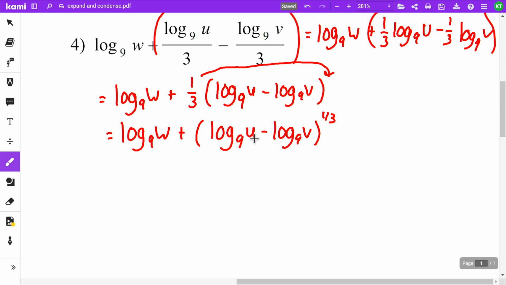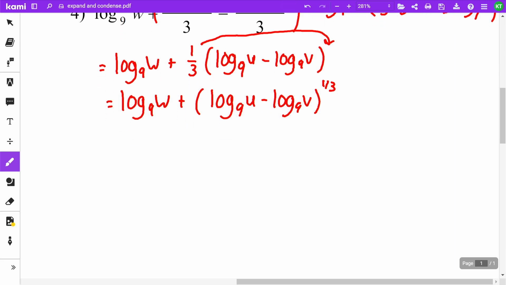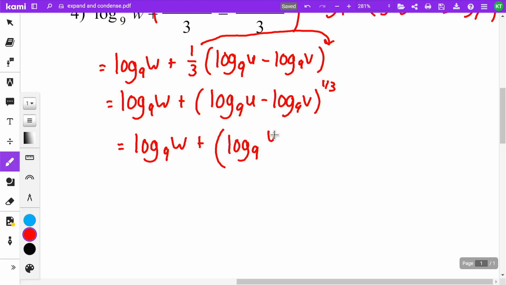So I will have division here because I'm using my quotient rule. So I will have log base 9 of w plus parenthesis the log base 9 of u divided by v to the power of 1/3.